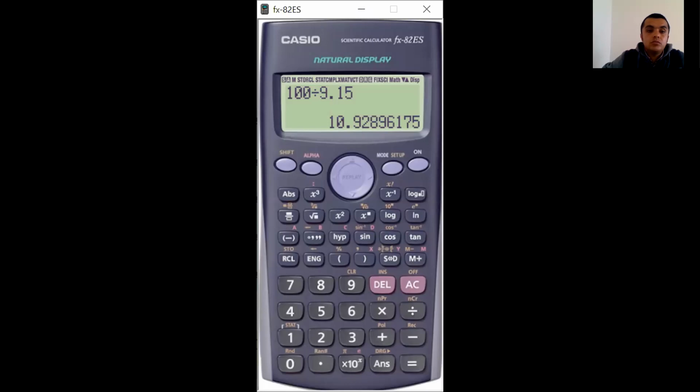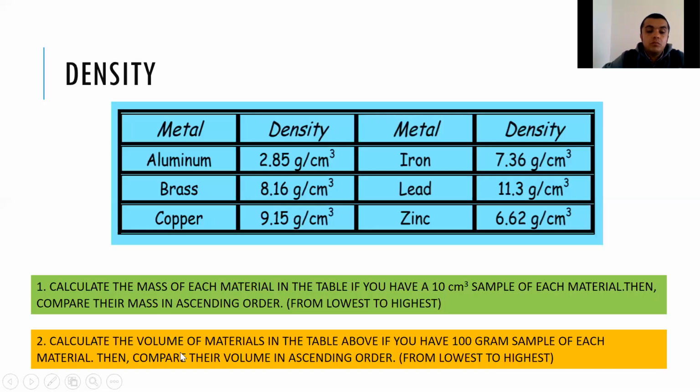We are almost done. I want you to use this table to answer questions like this until next class. I would like you to compare some different densities when you look at the worksheet.